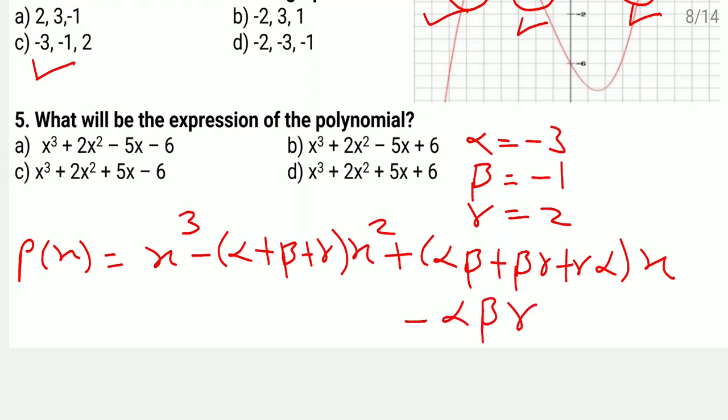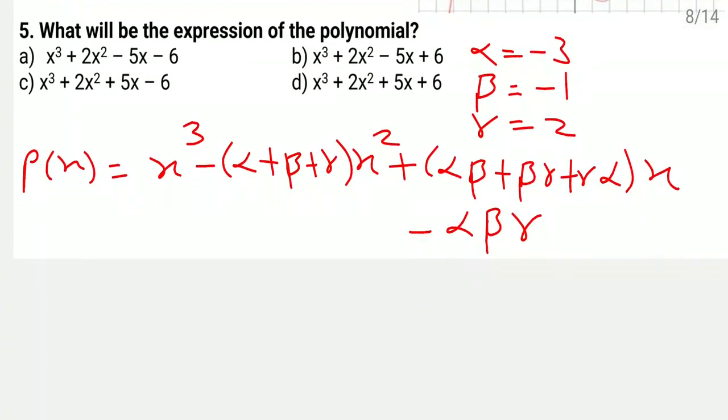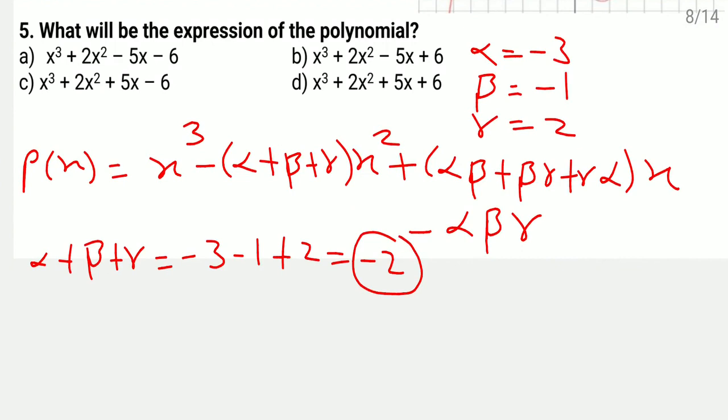Now you see here, if I do alpha plus beta plus gamma, just see, minus 3, minus 1 plus 2 which is equal to minus 2. If I write down alpha beta, beta gamma, and gamma alpha. So alpha into beta, the product comes as minus 3 into minus 1 is 3.